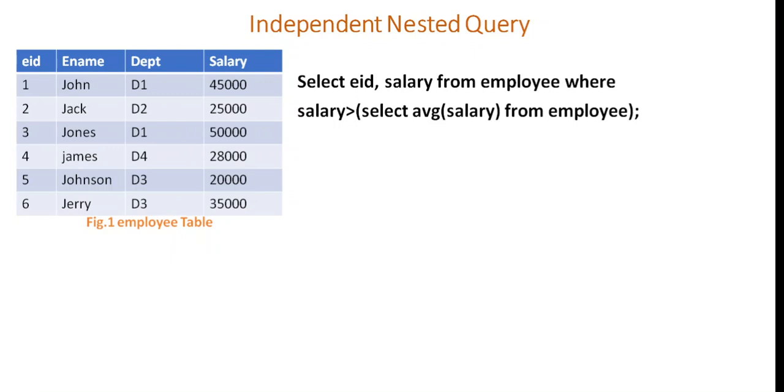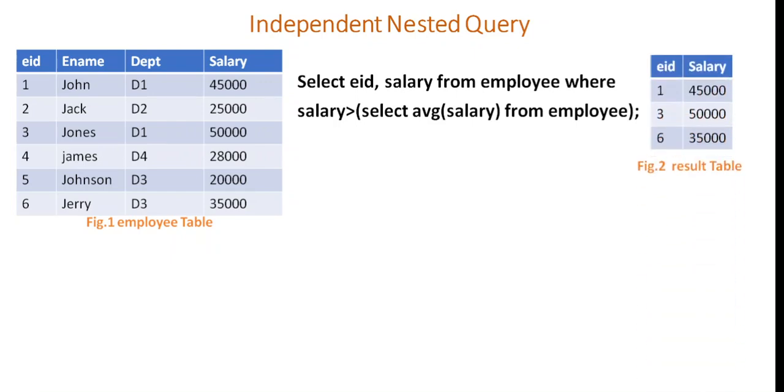It will find the average of all the salaries from the employee table, and give that value as an input to the outer query. Then by comparing salary with that average salary, you will get the output of the outer query.